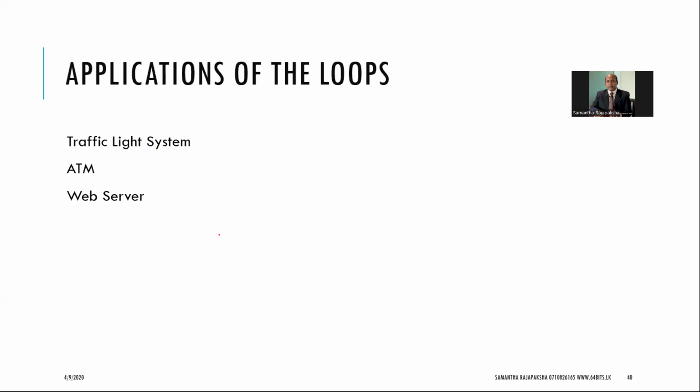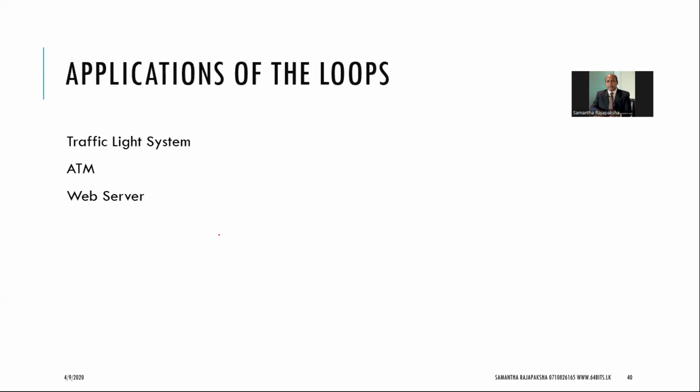What are the applications where we have loops? In what places are we using these loops? If you take this example, traffic light systems, where the same conditions rotate again and again, you can use loops. Another one is the ATM machine. You can see it is always waiting for a user to input something, so it is running with a loop.